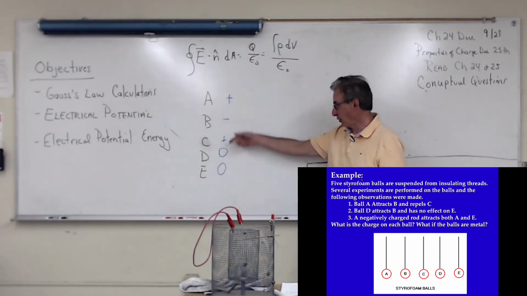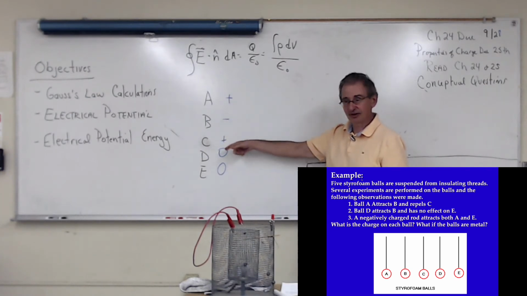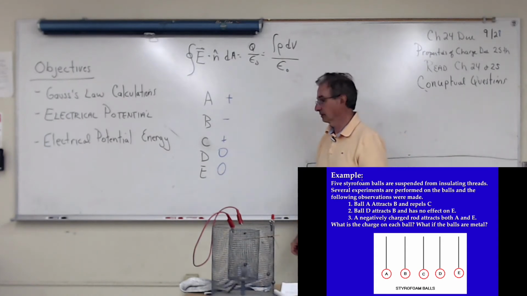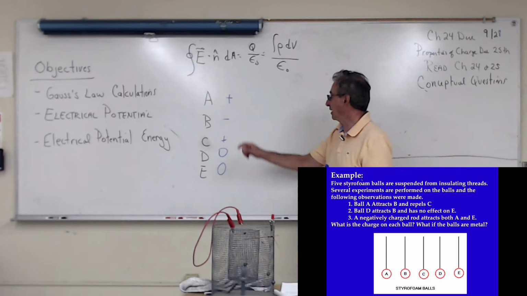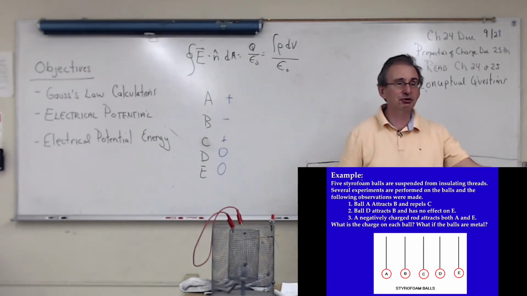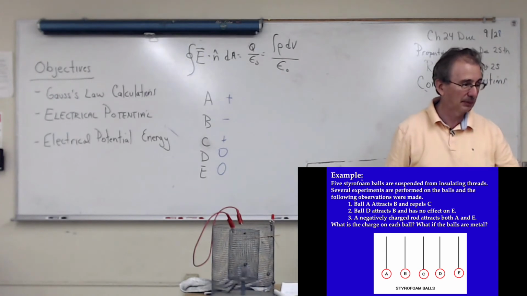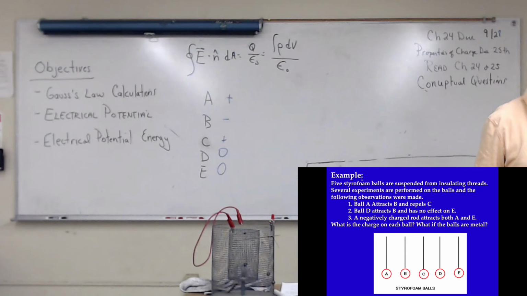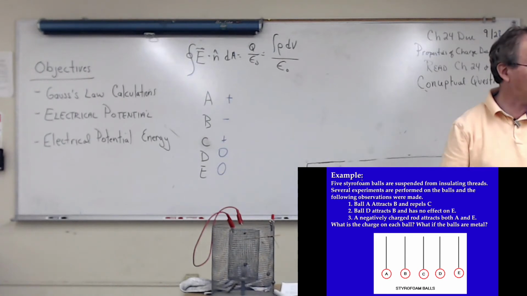Now, if you go through this combination, it'll work. A negatively charged rod attracts both A and E, which is true because a charged object will always be attracted to an uncharged object. Yeah, right, Scott. I mean, that's the first question I asked today, right?